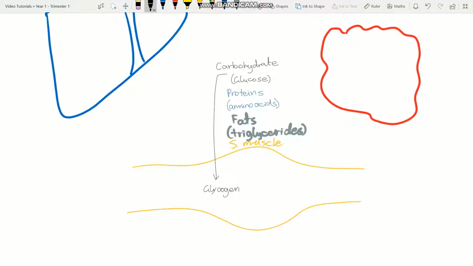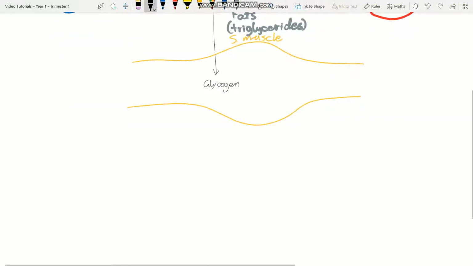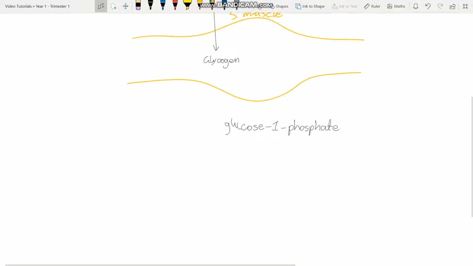Now, glycogen is a molecule that is essentially many glucose 1 phosphate molecules, with obviously the phosphate group removed, joined together in sort of a polymer shape. And these molecules are quite hygroscopic, meaning that they attract water, and also they're quite branched. So this has two advantages.